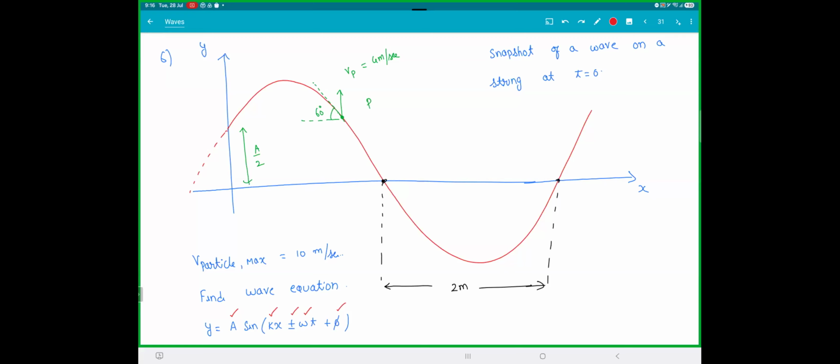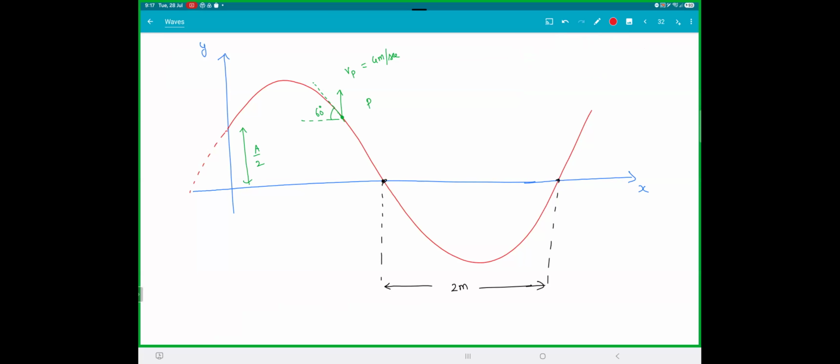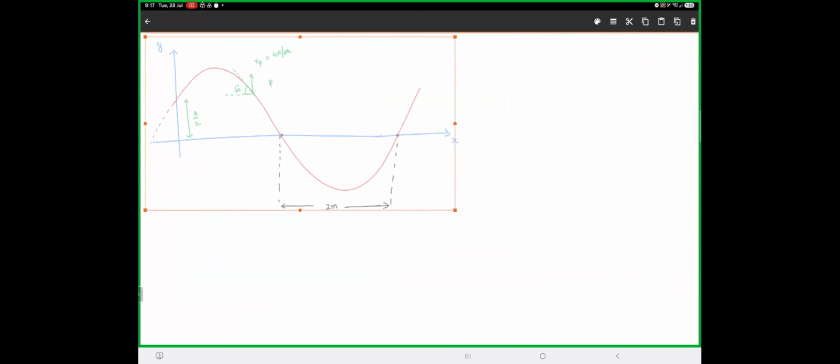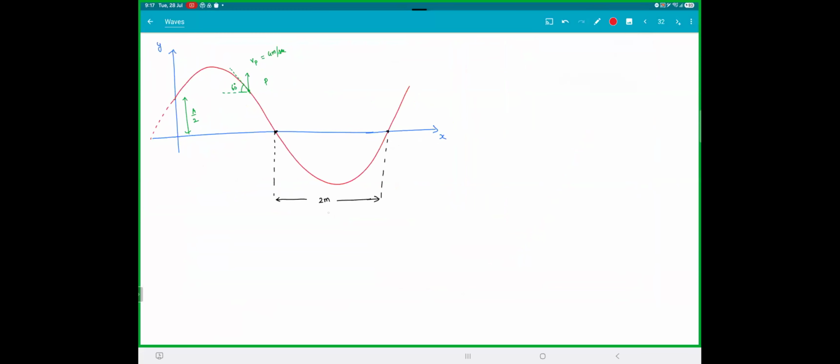Okay, that's it. So first thing, you can clearly see the wavelength: this guy was lambda by 2, which is 2 meter.